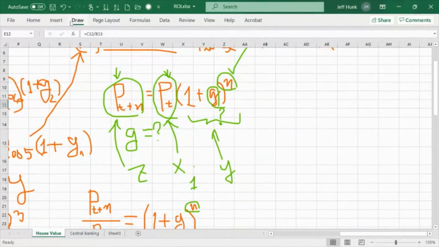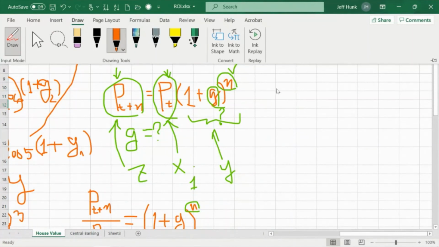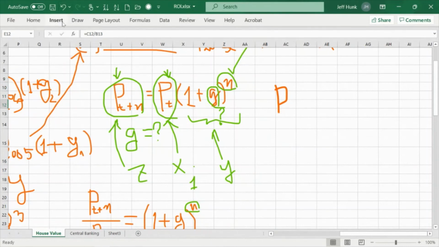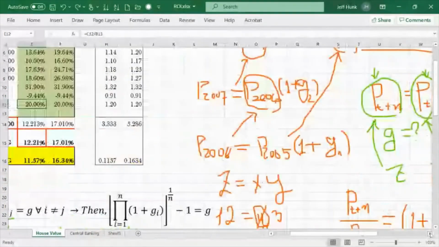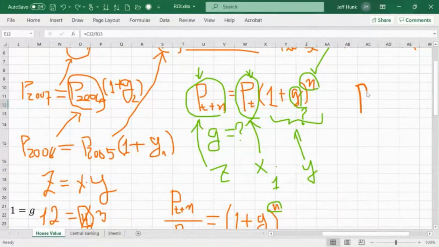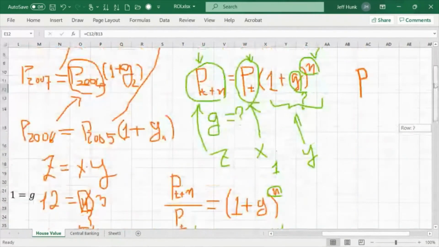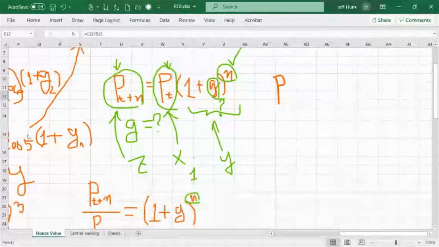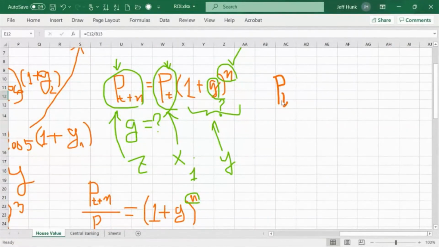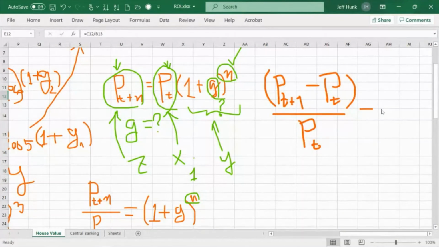I believe I wrote it somewhere, but let's rewrite it. So that means, P_{t+1} minus P_t, divided by P_t, is G, right?